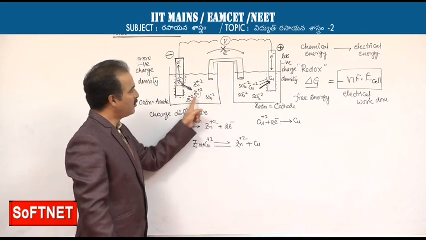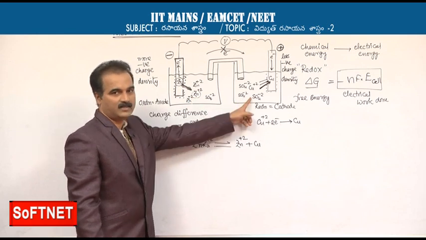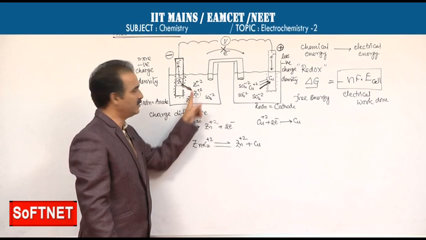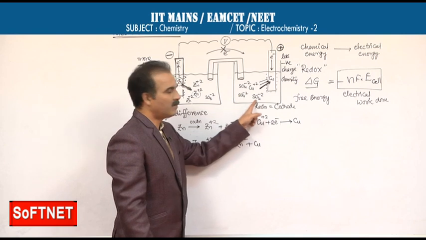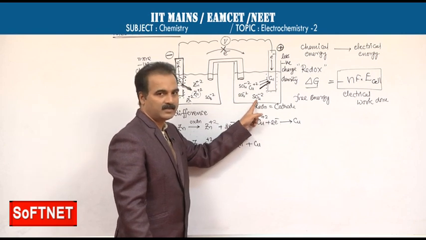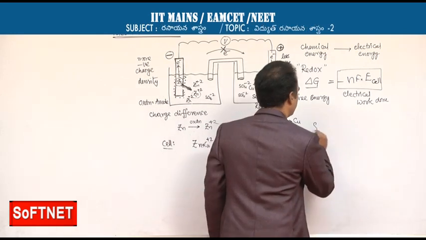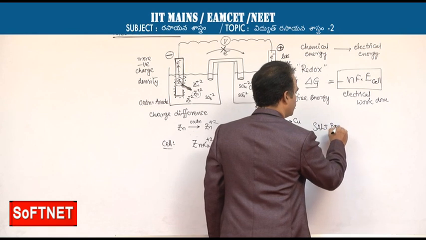So, this accumulation of charges should be prevented in both the half cells. In the anode half cell, accumulation of zinc plus 2 should be prevented. In the cathode half cell, accumulation of negatively charged sulfate ions should be prevented, and for that purpose we need a salt bridge. What is a salt bridge?